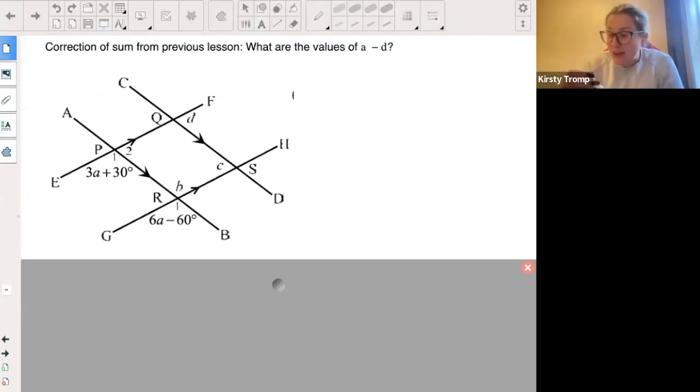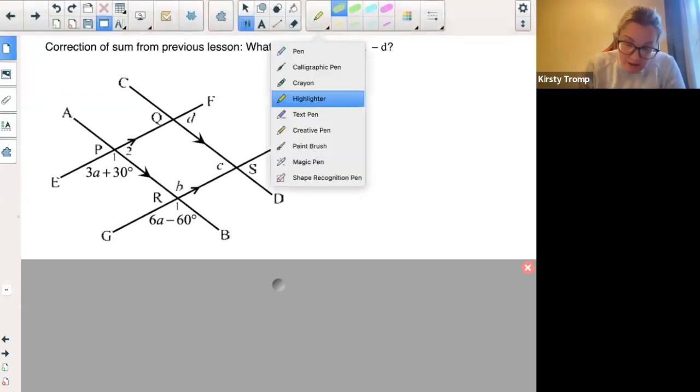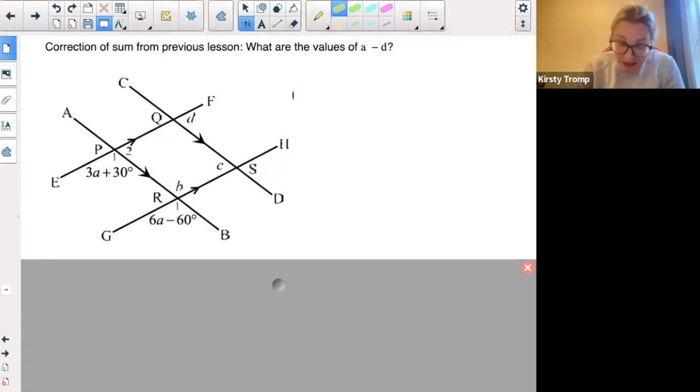I'm going to highlight one set of parallel lines in yellow. So I'm picking up my yellow highlighter, and I see the symbol for parallel lines here. I see this line here is parallel to this line over here. How did I work that out? How do I know that those lines are parallel to each other?